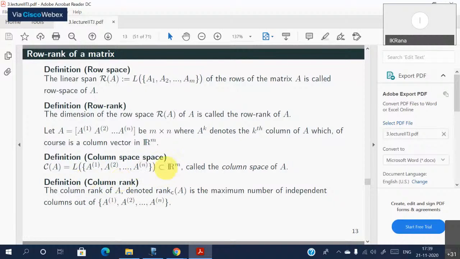So you can span that space by the column vectors and call that the column space of A. And the dimension of the column space is called the column rank. Okay, so there are two numbers attached to it, the row rank and the column rank. And we are going to describe these spaces and the relation between the row rank, column rank, and so on.